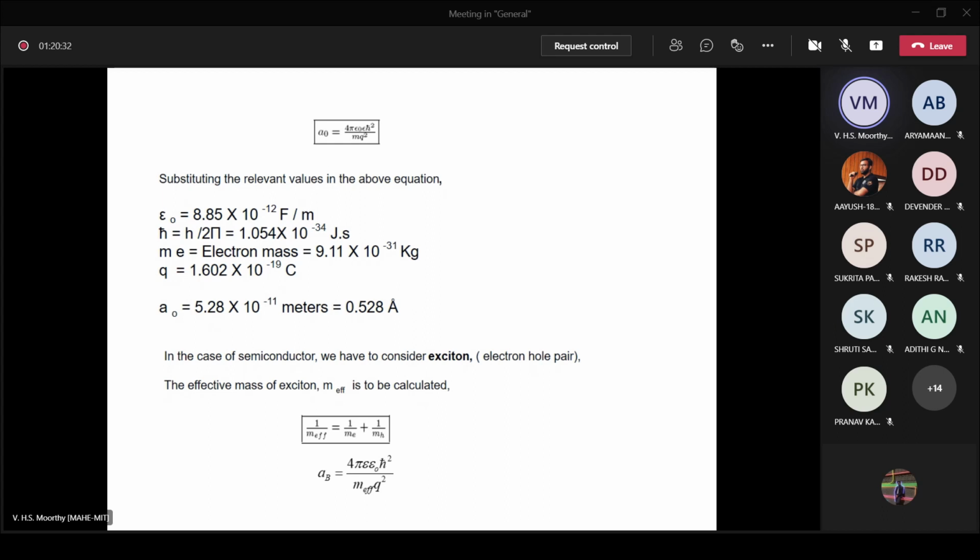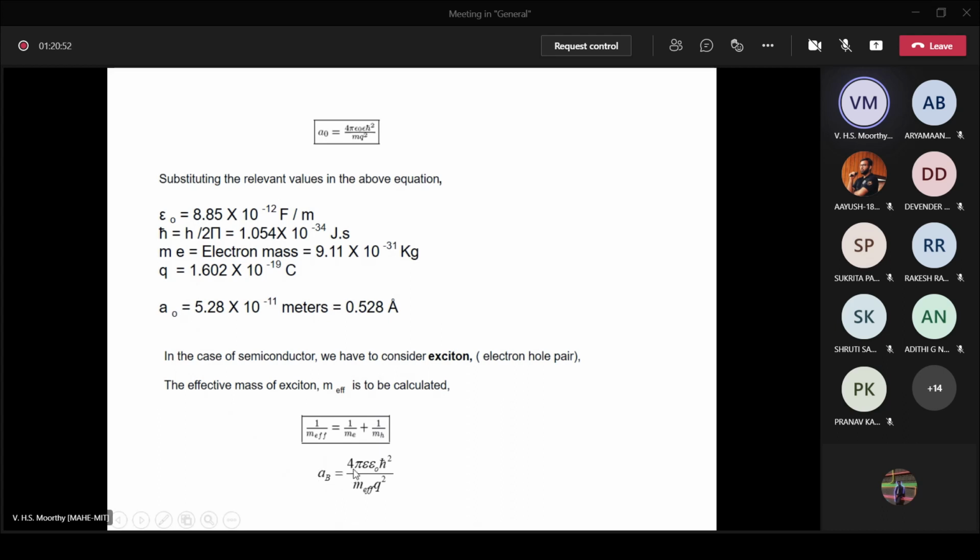Because of that absorption, an electron from the valence band goes into the conduction band, so there is an electron in the conduction band and a hole in the valence band. So what is the distance between the electron and hole of the exciton? That is the exciton Bohr radius.